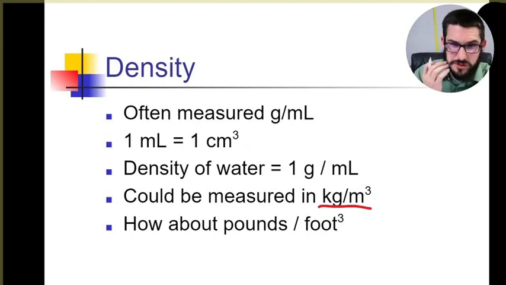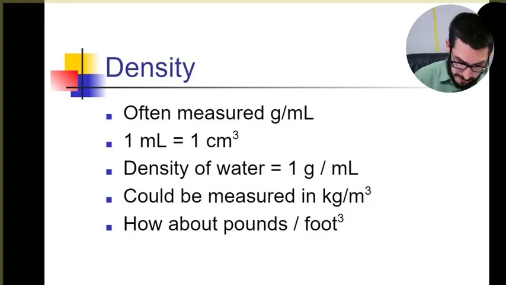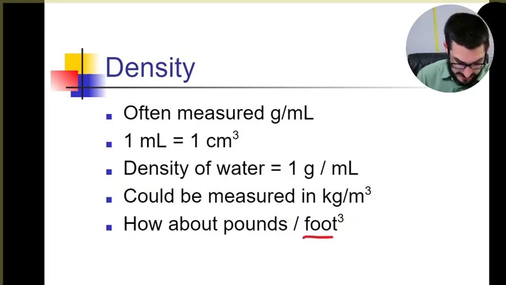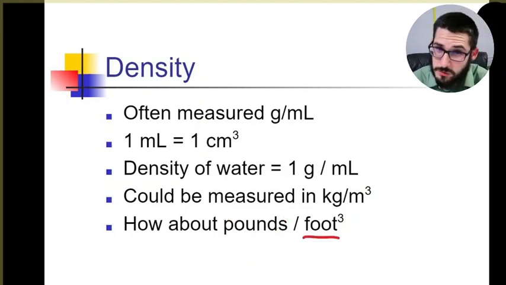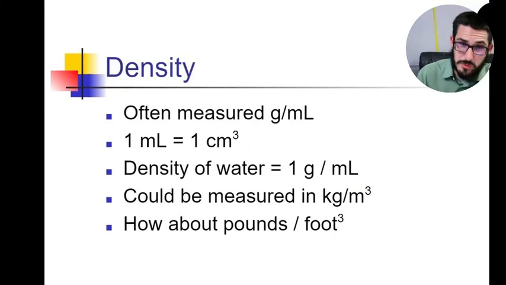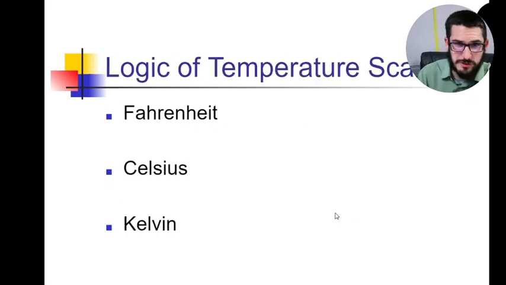You'd have to do conversions for it and that sort of stuff. What about pounds per foot cubed? Well, yeah, you've got a weight, which is our equivalent to a mass, and then foot cubed, which is a measurement of volume. So that would definitely work also, but the one that we are going to be looking at is grams per milliliter or grams per cubic centimeter.